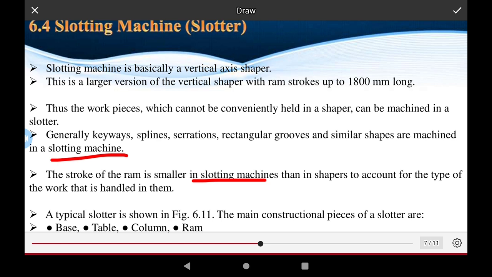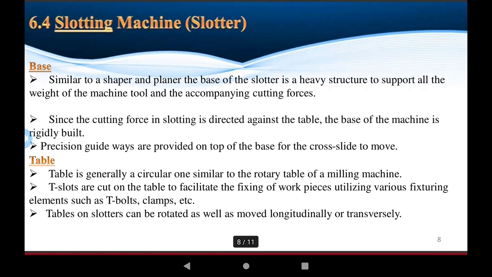The main constructional parts of the slotter are the base and table, column, and ram. There are four main components of these machines and some structures of the machines. In slotting machines, the base supports all the machine components.